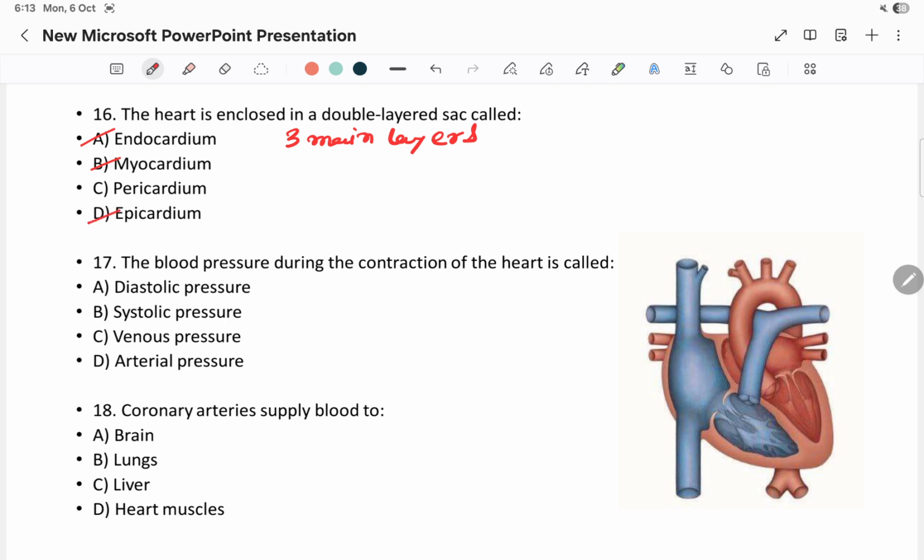But the heart is also enclosed by a double layer sac known as pericardium. So the correct answer here is C, pericardium.